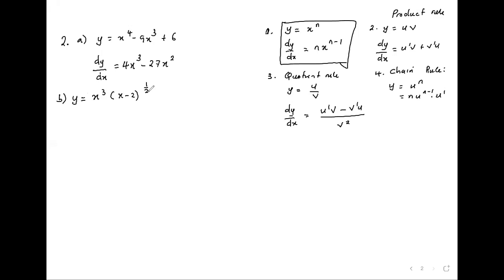And then this is a product, so we let u be equal to x power 3, v be equal to x minus 2 to the power half, so that u prime becomes 3x squared, and v prime becomes half x minus 2 to the power negative half multiplied by 1, because the chain rule comes into effect here.